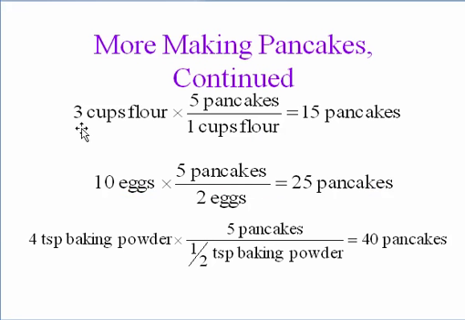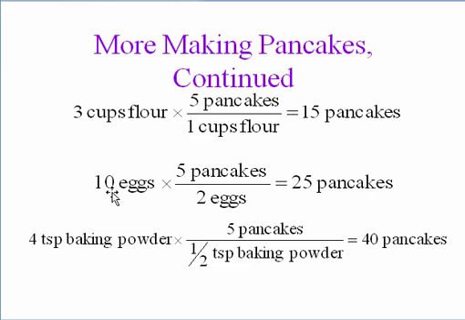Well, what we do is we look at the amounts of each individual ingredient, and based on the recipe, we figure out how many pancakes we can make. So let's look at flour. If we have 3 cups of flour, and 1 cup of flour makes 5 pancakes, then 3 cups will make 15 pancakes.